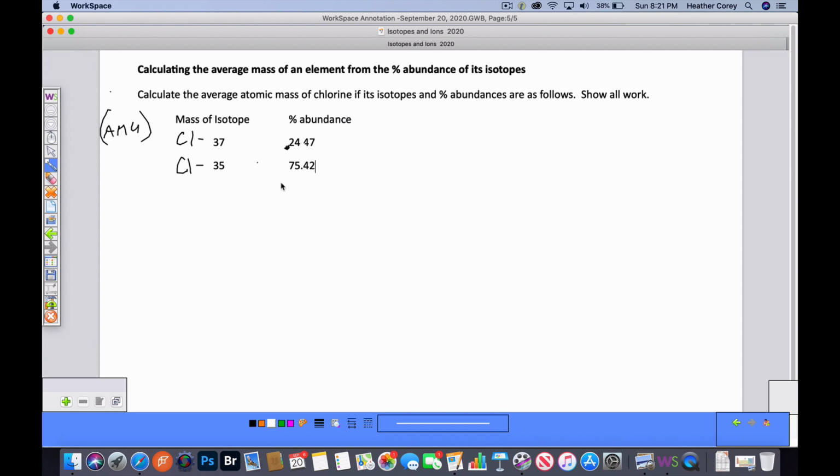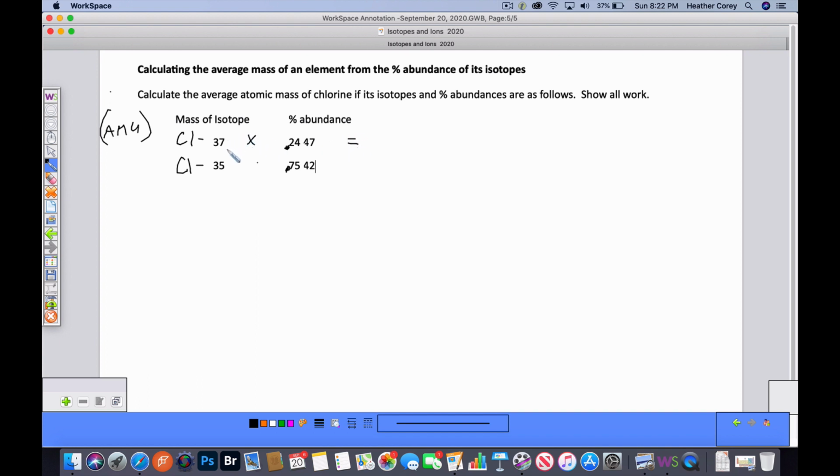Okay, this number here, we have chlorine 35, and we have 75.42%. So you're going to move the decimal over 2 places, or divide by 100, same thing. And then you're going to take that decimal form of your percent and multiply it by the mass in the isotope.